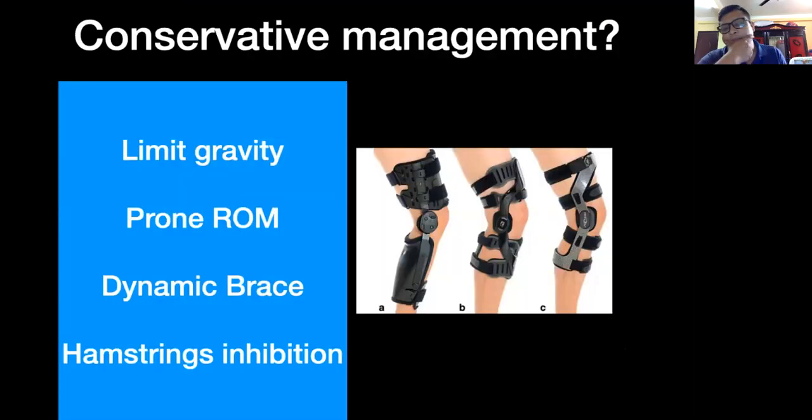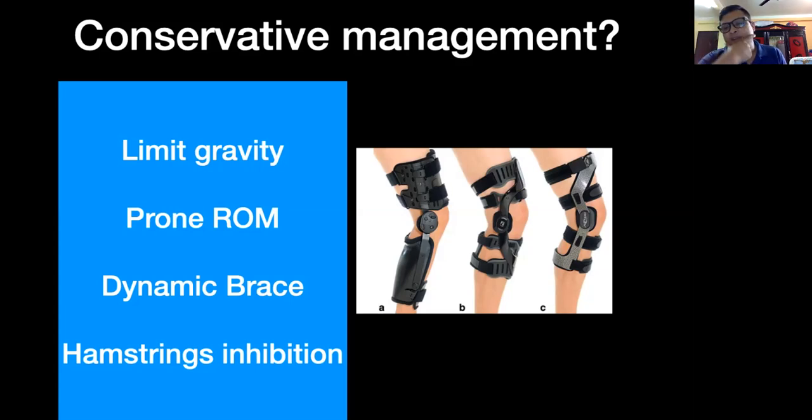So I went through some of the literature about the conservative management of PCL tear, and what it mentioned was that the protocol of conservative management should be as good as the post-operative physiotherapy protocol after PCL reconstruction. We have to limit gravity. We have to give prone range of motion, not uncontrolled range of motion.